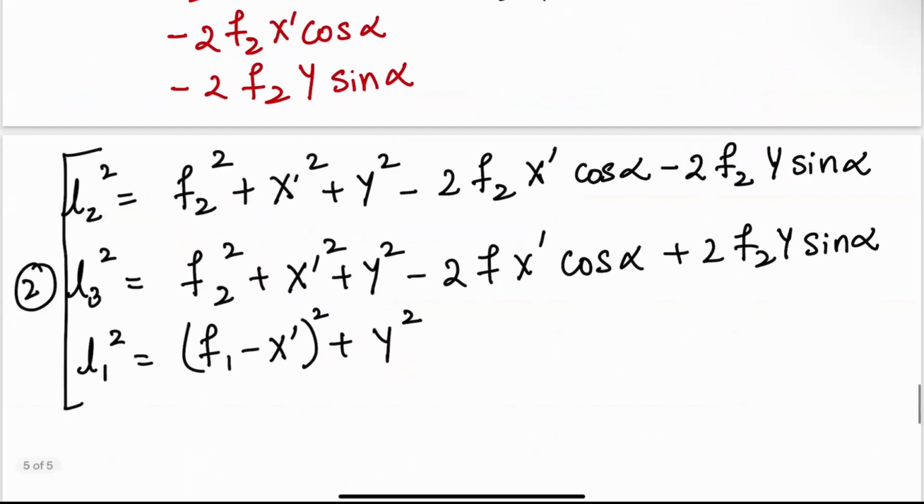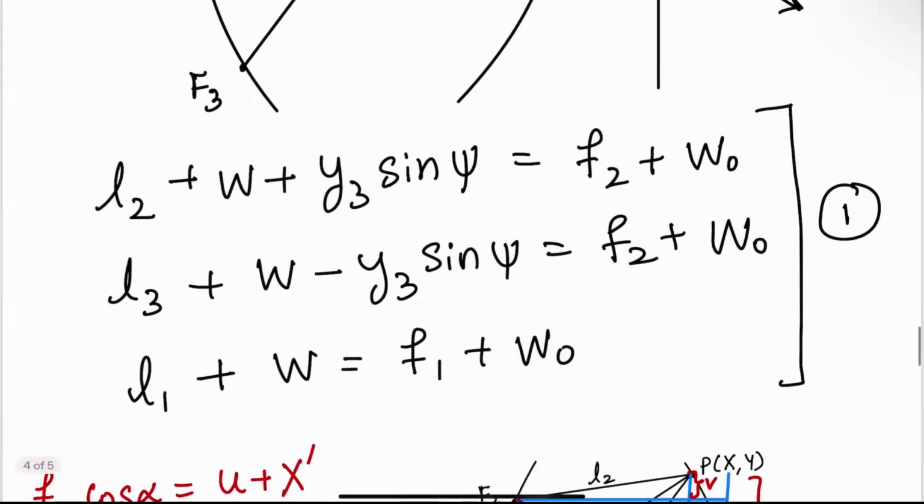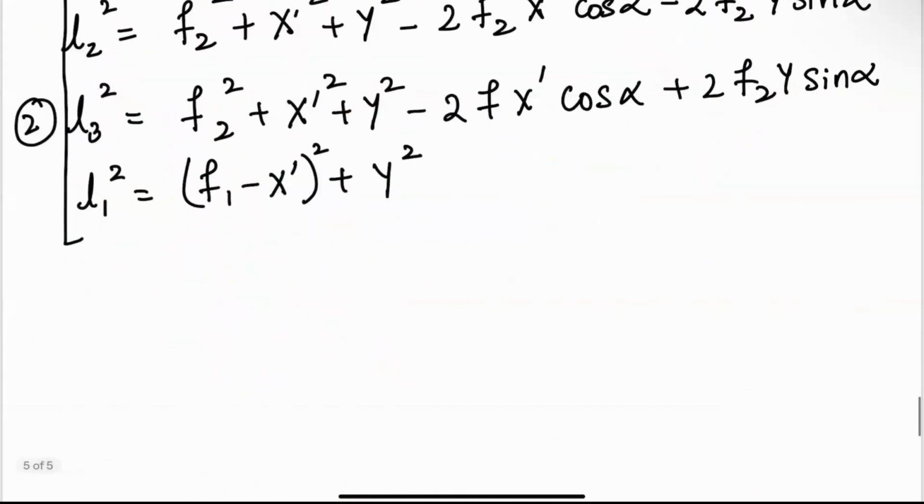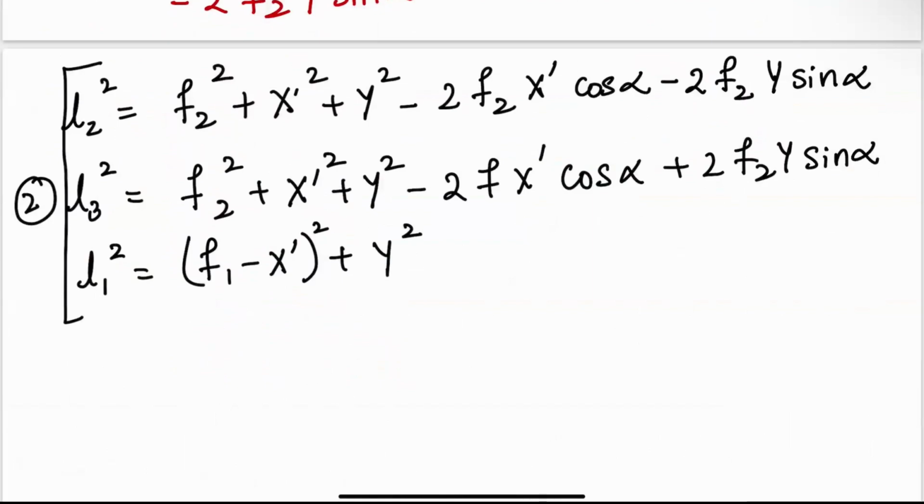So if you go back and revisit the first set of equations, you have L1, L2, L3 as something. And even the second set of equations gives you L1, L2, L3 as something. So you just equate the right-hand sides of L1, L2, L3 squared from the first set and the second set of equations.